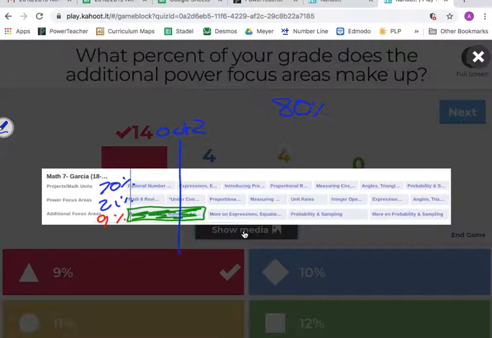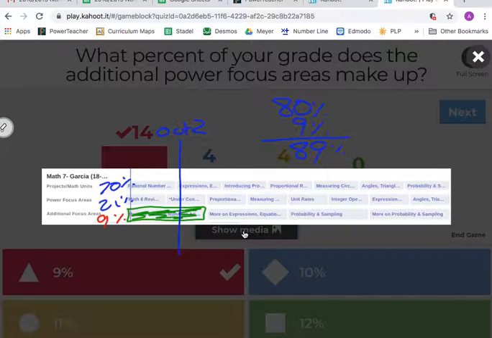What percent is it going to add? Is it going to add all 9, or let's say 2%? What do you think the computer does? You would think so, but it doesn't. It assumes, based on how you're trending, that you will keep that up. It gives you the benefit of the doubt. So if you're up on pace on your additional, it will add on that other 9% and bump your grade up to an 89.